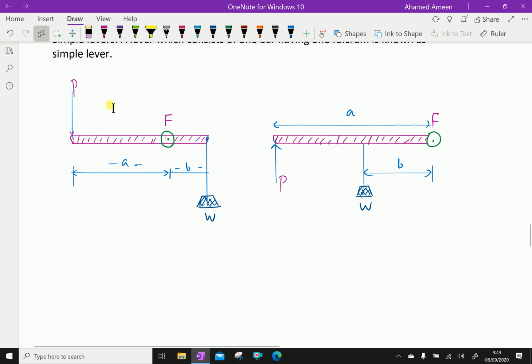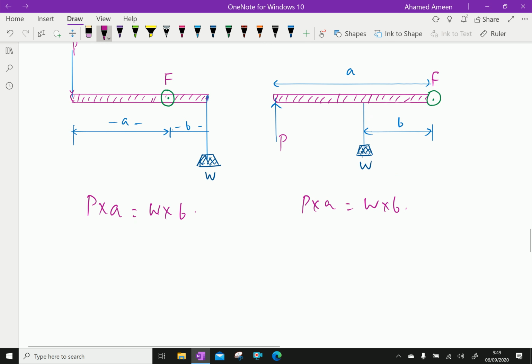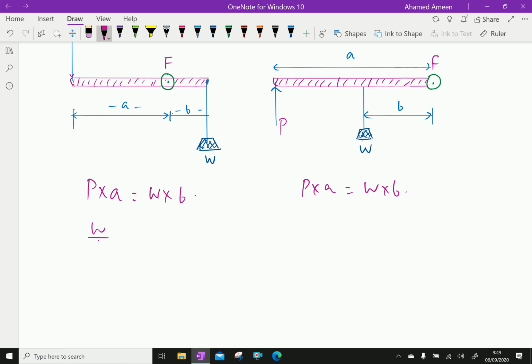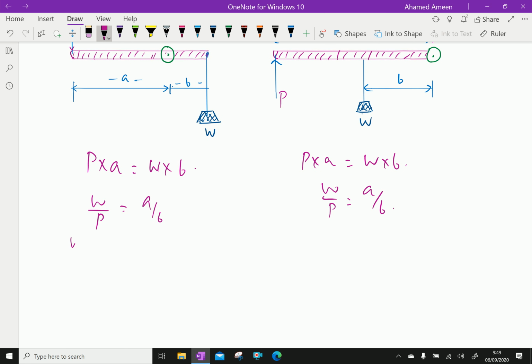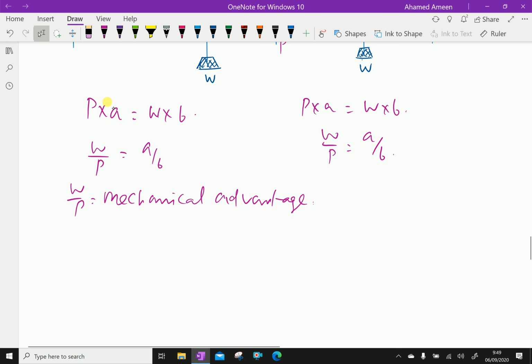Look here: taking moments, P into A is equal to W into B. Now W by P is equal to A over B. Here W by P is the mechanical advantage, and A by B is called the leverage.